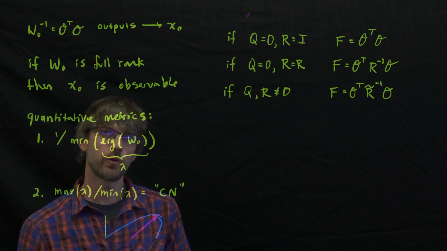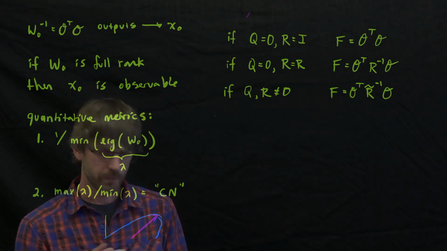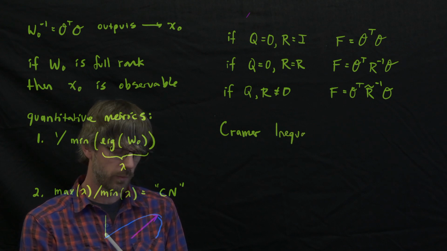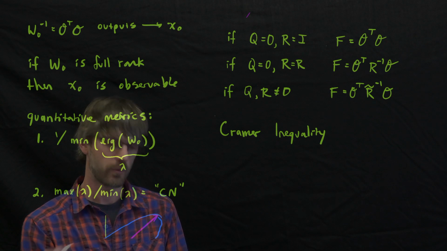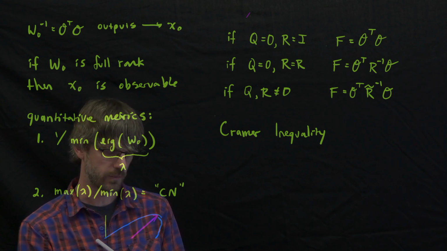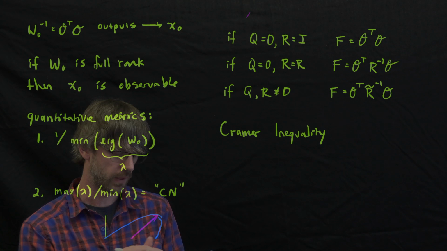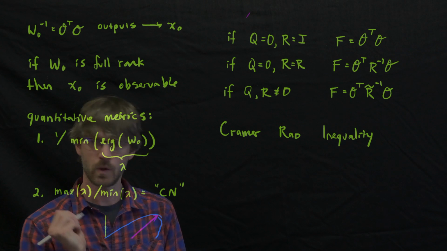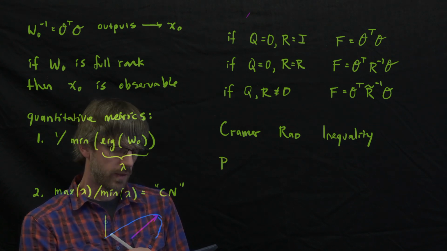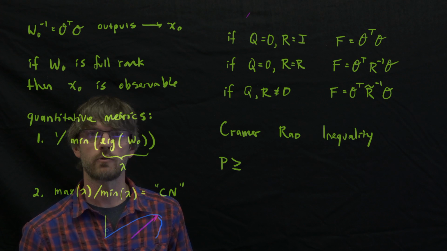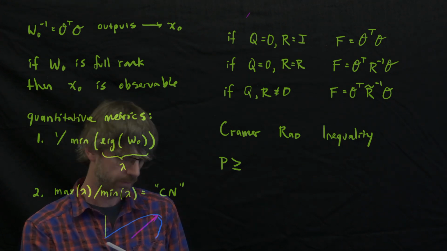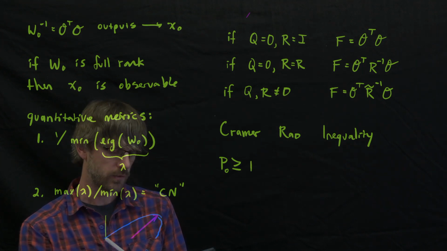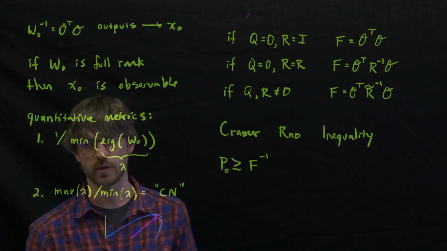Okay, so what does the Fisher information matrix allow us to do? Well, the reason it's so convenient is because we can use the Cramer-Rao inequality to better understand the implications on the observability of our initial condition. The Cramer-Rao inequality says that the error covariance matrix, in this case for our initial condition, so I'll draw a little 0 there just to indicate that, must be bigger than or equal to the inverse of the Fisher information matrix.